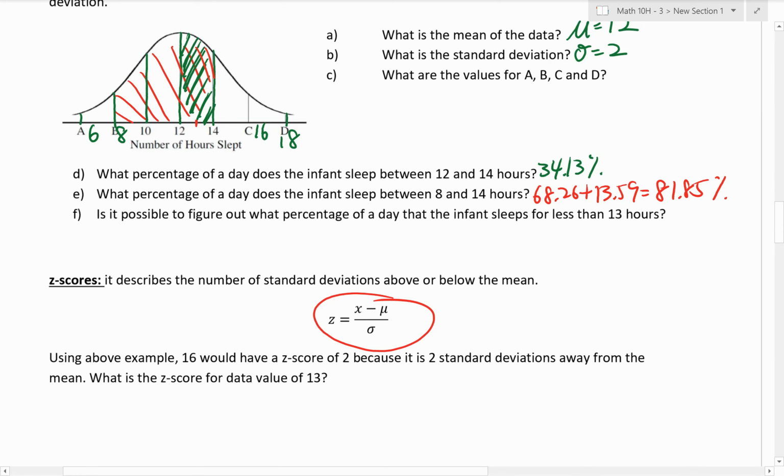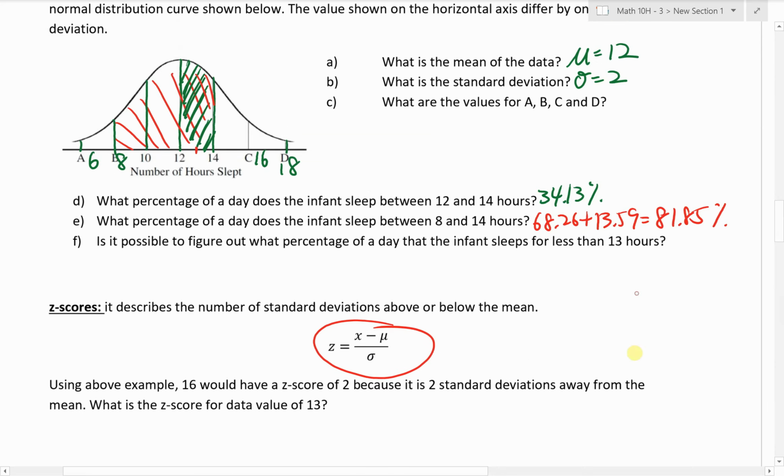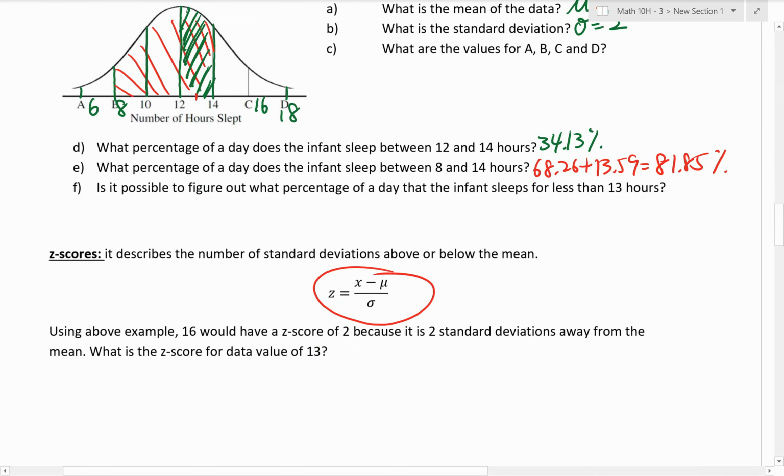Here is how you calculate the Z-score. Z is equal to x, which is a particular data value, minus the mean, divided by the standard deviation. Let's use the example we just did. 16 would have a Z-score of 2 because it is 2 standard deviations away.